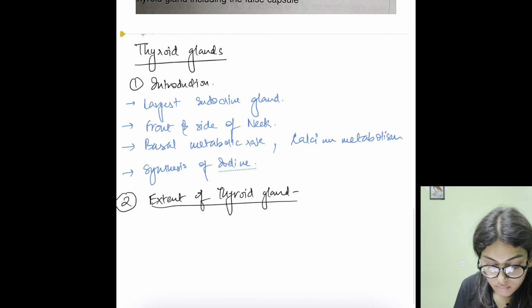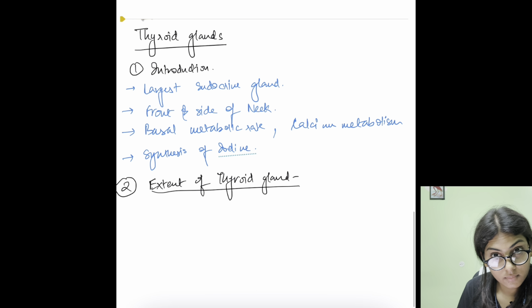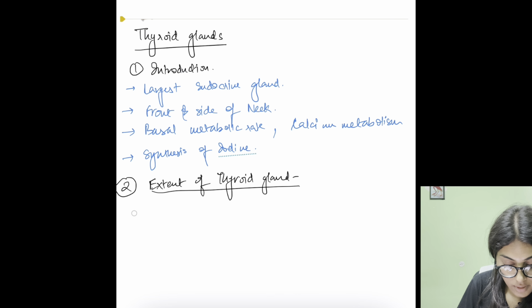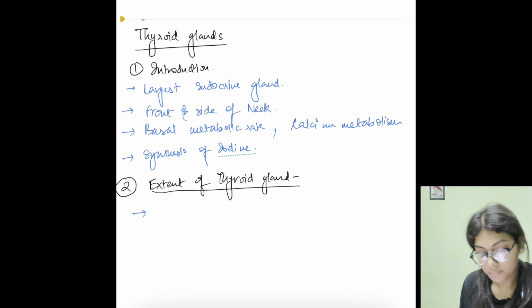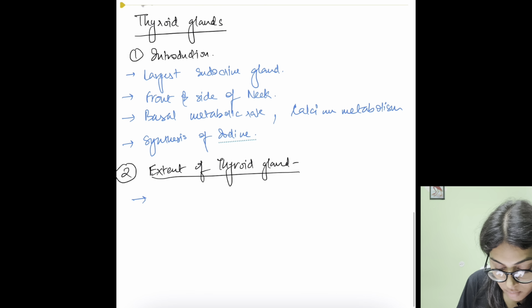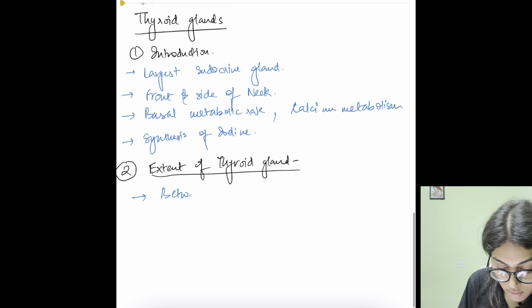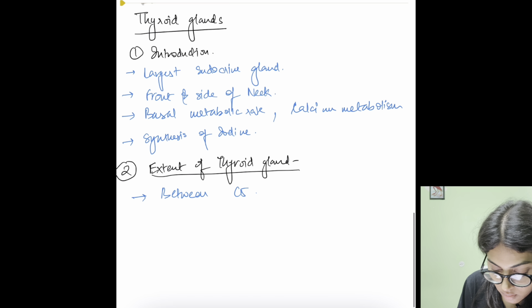Extent of the thyroid gland. It is present between C5 to C7 and T1.